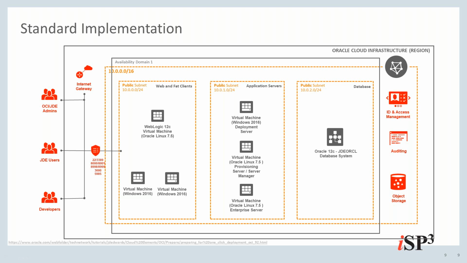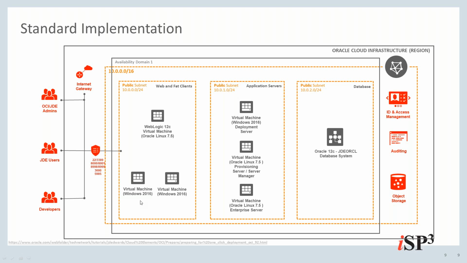Let me explain this diagram a little bit. Of course, in JD Edwards, we have to have a database server and different components like the deployment server in the middle, the server manager, a provisioning server and an enterprise server. On the left-hand side, I have the WebLogic server and a couple of fat clients.